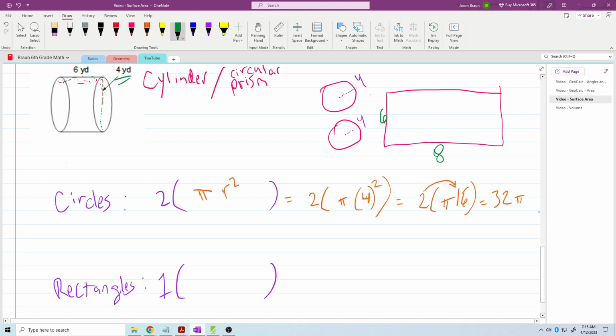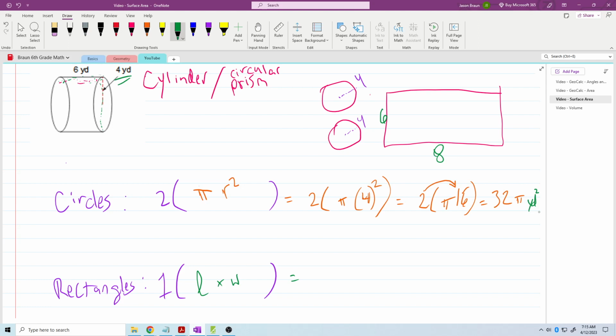And of course, if you wanted to be correct about the units, yards squared. Makes sense. It's actually the hardest one. That circle area is the hardest one out of a cylinder sort of problem like that. I know, right? Because rectangles are so easy. Now we know them. We're so good at them now, right? Length times width. That's the formula.